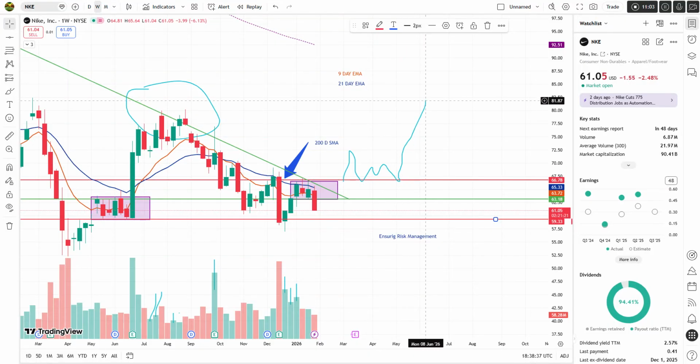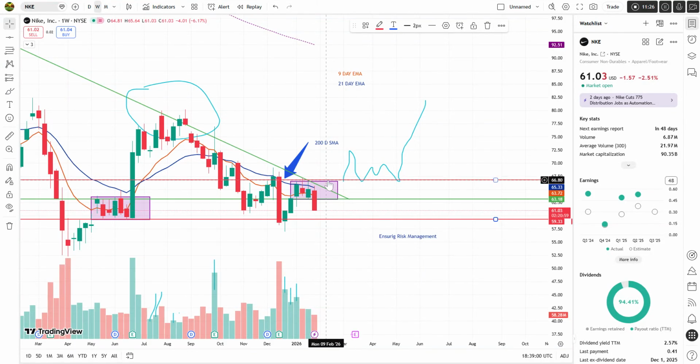Until then, it is best to stay away from Nike, especially when you're a swing options trader, because you have the theta decay in options. You don't want to hold on to losing trades too long. As a swing options trader, patience is a virtue. You have to wait for the stock to prove itself to you.